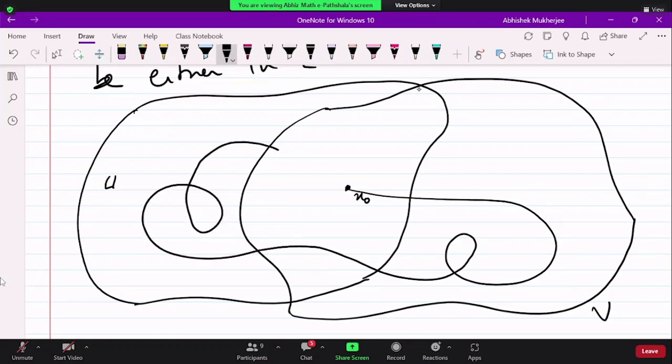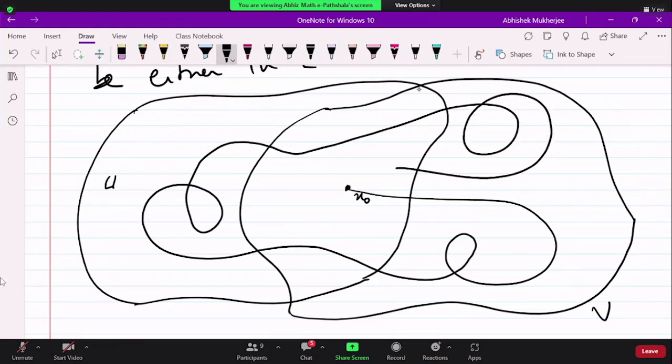So this is your gamma, a loop based at X naught in X.